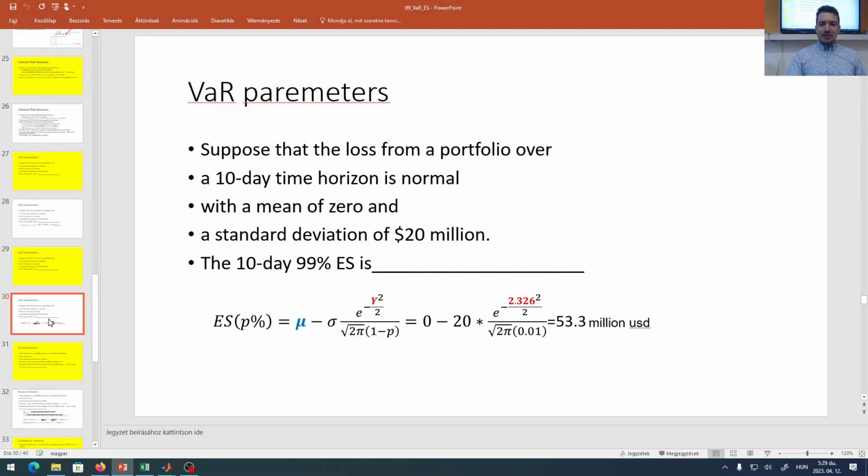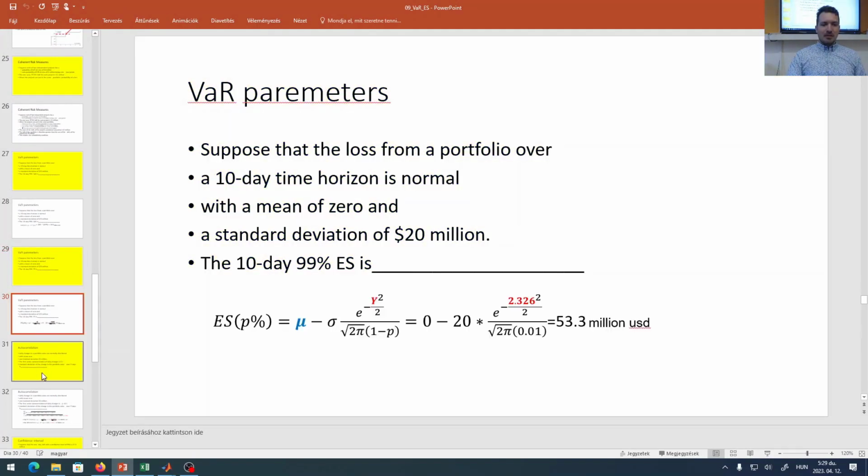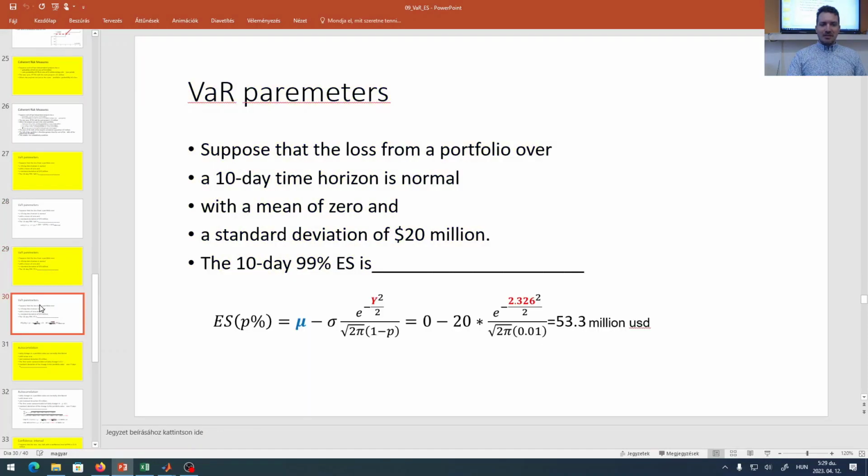And now, finally, we have the expected shortfall. This is what I was looking for. Parameters. Yeah, there is also a typo.